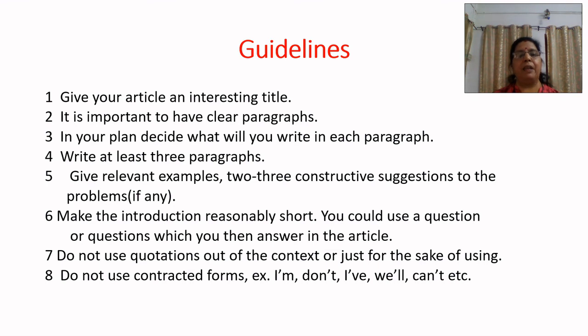Write at least 3 paragraphs. Give relevant examples, and 2 or 3 constructive suggestions to the problems, if any. And then see that your introduction is short. Don't make the first paragraph, the introduction, a very long one. Make the introduction reasonably short.